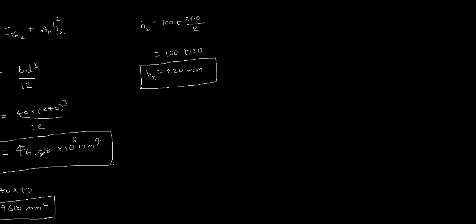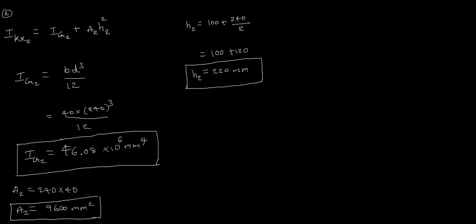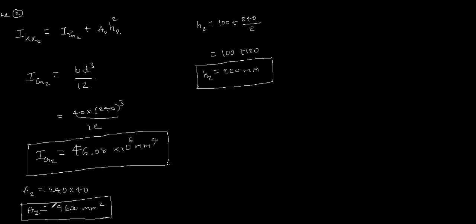So with the help of these three values, IG2, A2 and h2, we need to find out Ikk2, which is the moment of inertia with respect to the required axis for the second rectangle. So IG2 value we got 46.08 into 10 power 6, plus area, what is the area, 9600, into the height, what is the height, 220. All the values are in mm only.